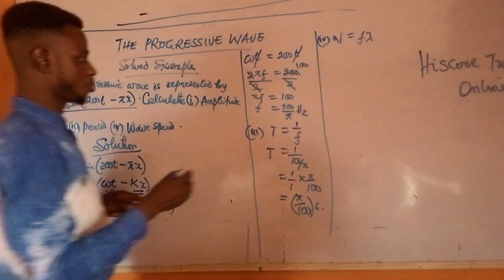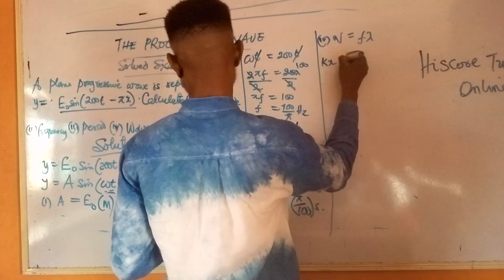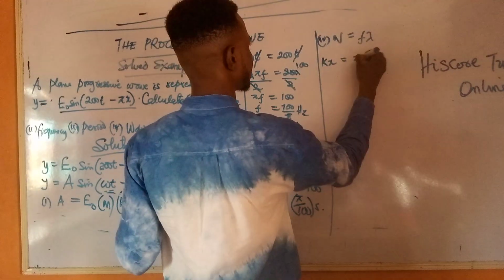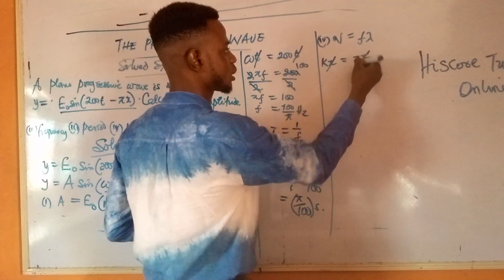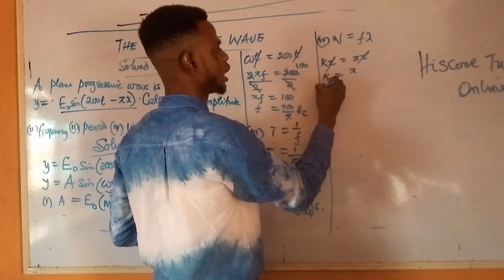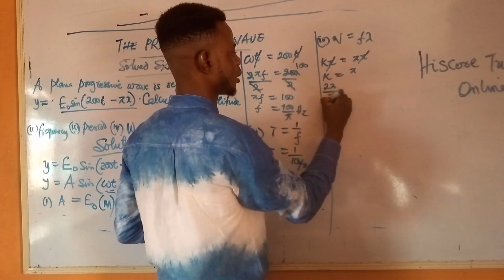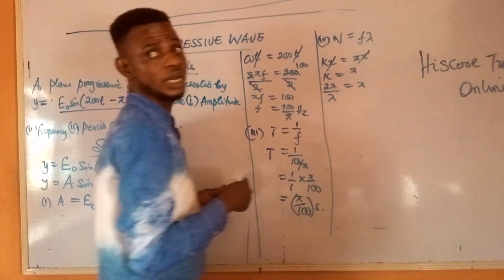So we compare kx equals pi x. x cancels x, so k equals pi. What is k? k is 2 pi over lambda, which equals pi. Any question?